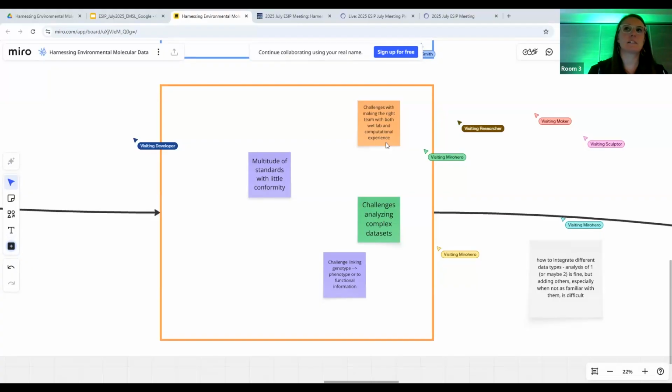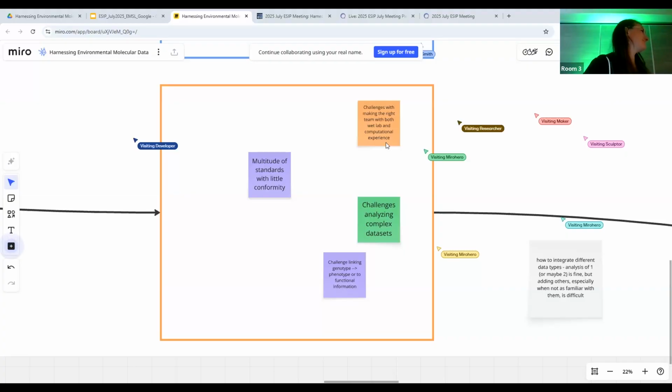So I think figuring out how to make a team composition and then work together and speak the same language matters. If it's a fully wet lab person speaking to a fully computational person, there's sometimes that gap in why didn't you do this many replicates, or is it not feasible to do this at a field scale, things like that.